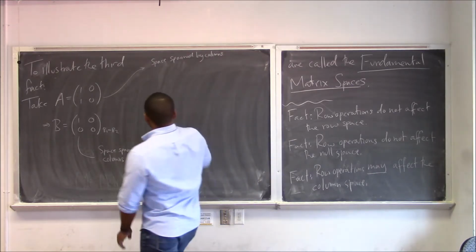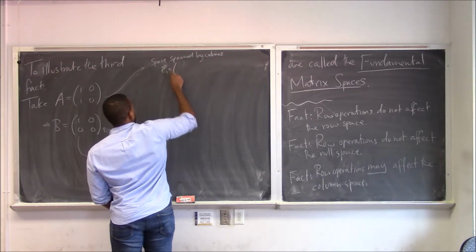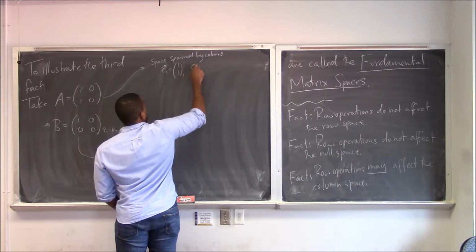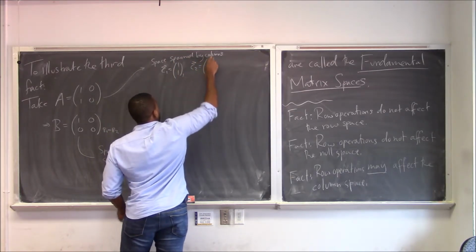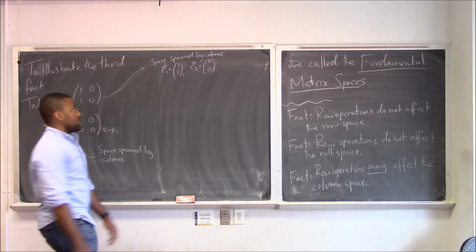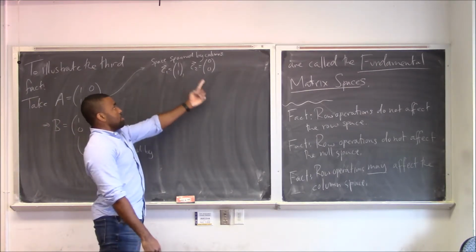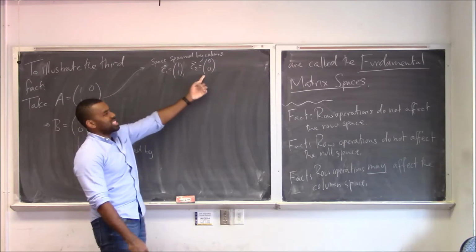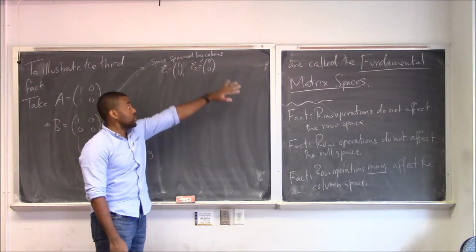So in the first case, if I look at the columns, say C1 is (1, 1), C2 is (0, 0), describe the span of that space for me in R2. The line y equals x. It's the line y equals x, right? It will be all linear combinations of these guys, which is a scalar times this plus a scalar times that. This guy's just 0, so we can ignore that.